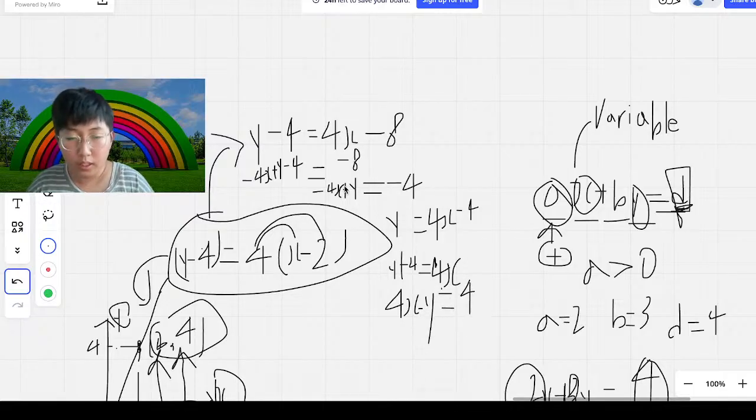But what if we just don't want to swap everything over? Well, we multiply both sides by negative 1, and let's see what happens.